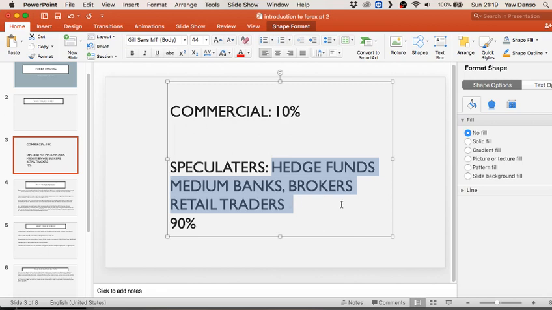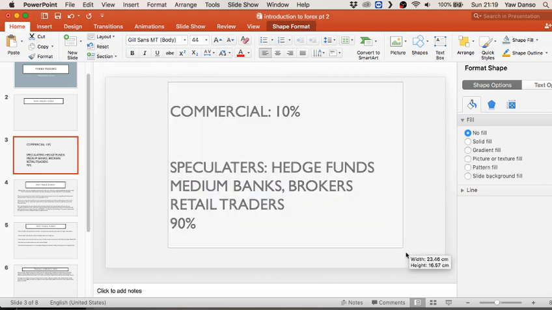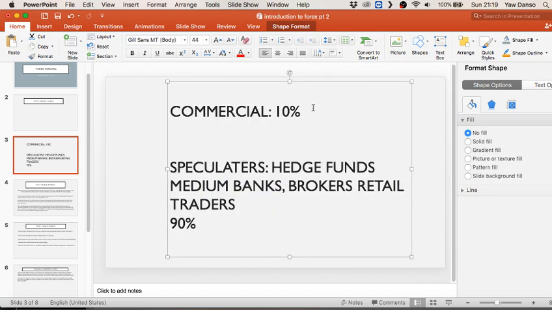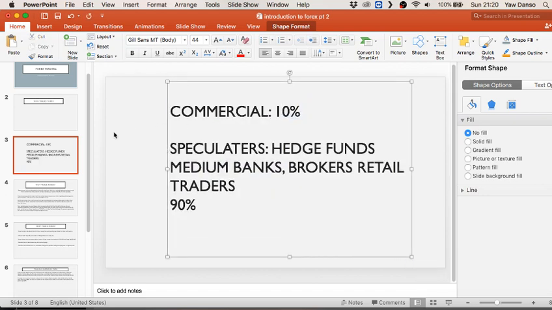So we are speculators, and under the speculators, we have levels as well. The banks are the people that make most of the money, because they have connections with the central banks. Let me get rid of the commercial for now.